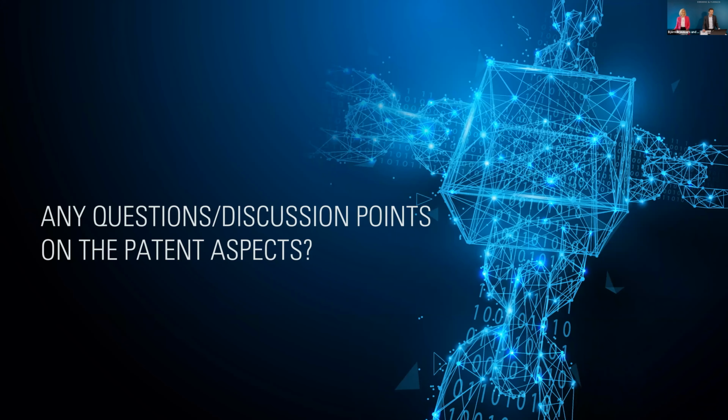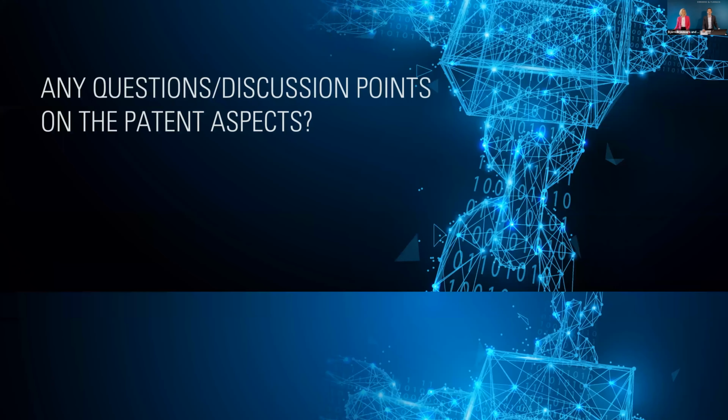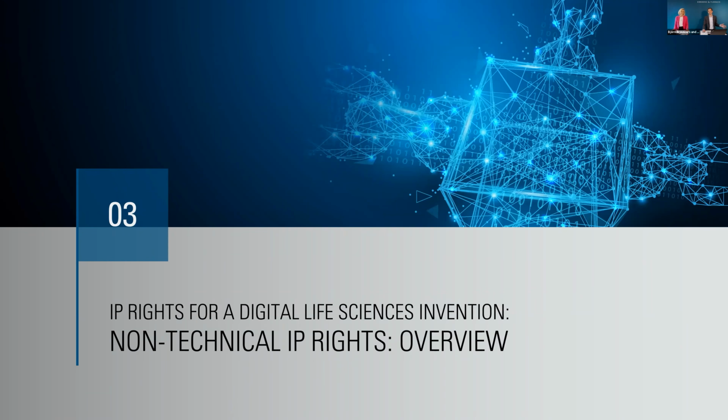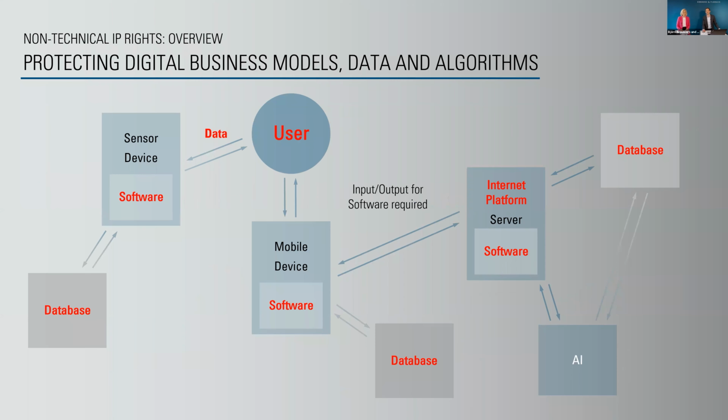So we start with an overview, but not an overview about the rights, rather about the aspects that may be relevant for the non-technical IP rights. I use this graphic, which we already used, but highlighted some points which may be more relevant here, because it depends on how the user gets in touch with the product, where trademark and look and feel of a product might be relevant for protection.